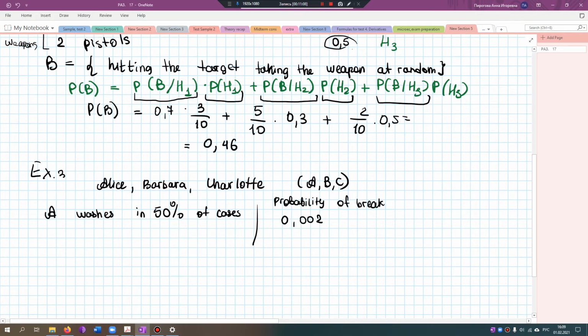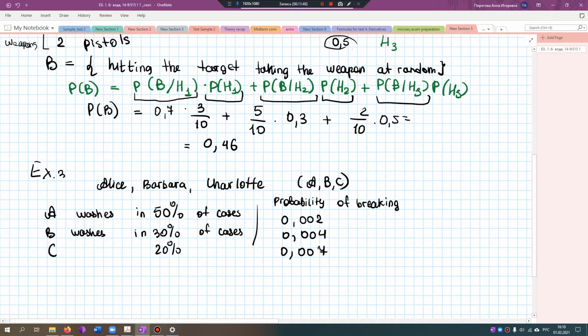We know that Barbara washes the dishes in 30% of cases. And the probability of breaking in this case is equal to 0.004. Charlotte washes in 20% of cases, and the probability that she breaks something is equal to 0.07.